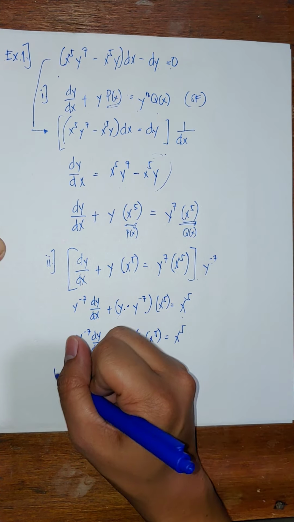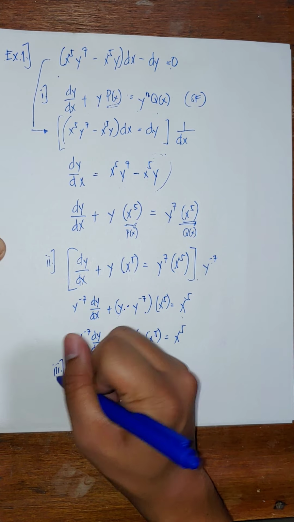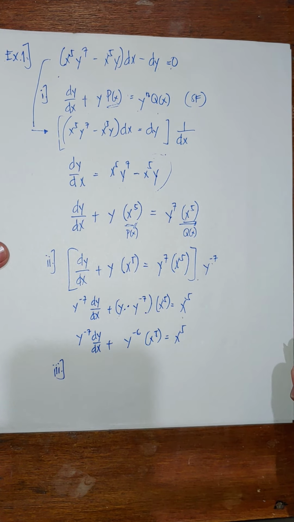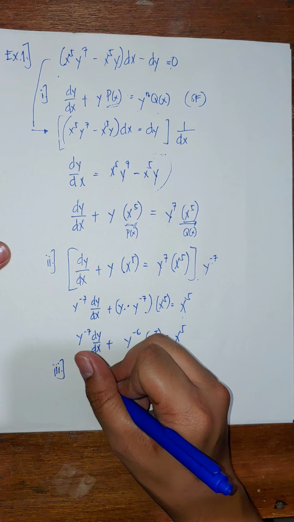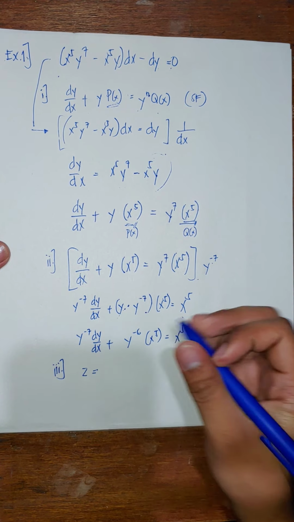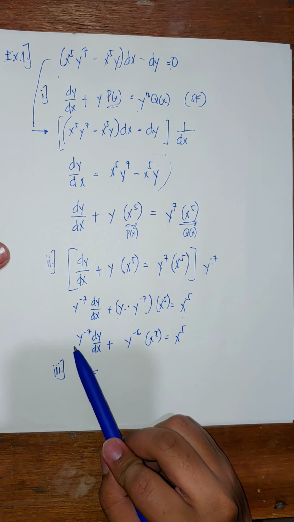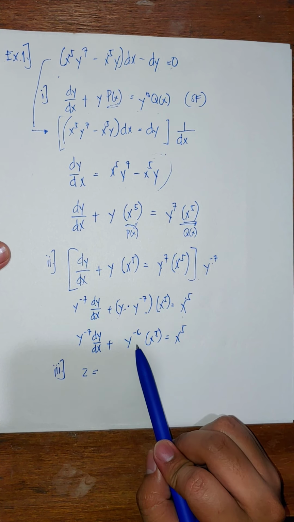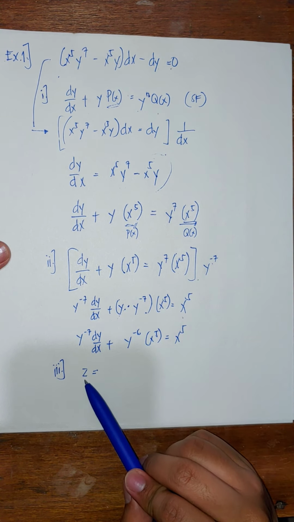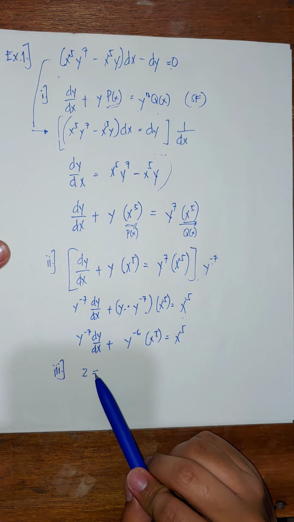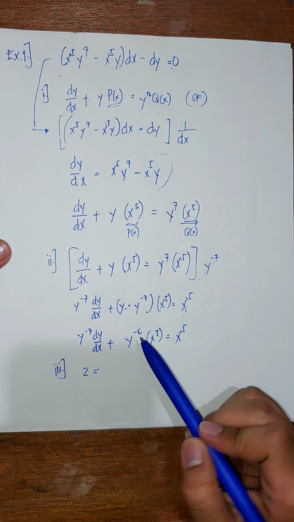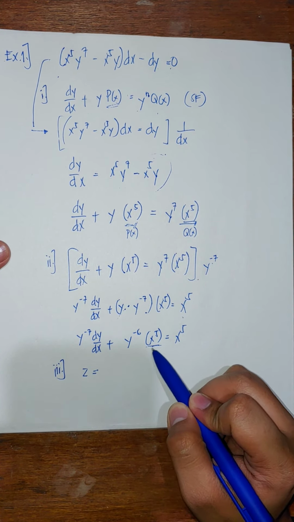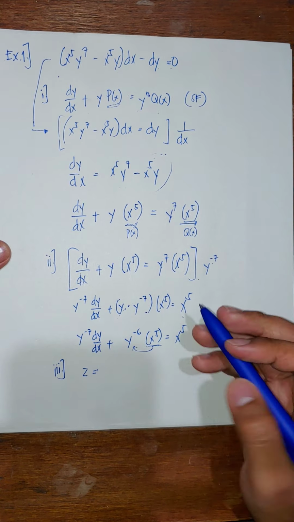Okay, what's next? We should substitute variables. If you remember, z is equal to what? We use the counterpart of p of x and substitute it as z. So we let z be the counterpart of p of x, which is y to the negative 6.